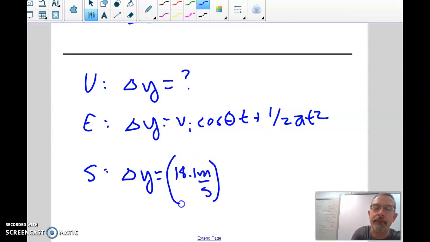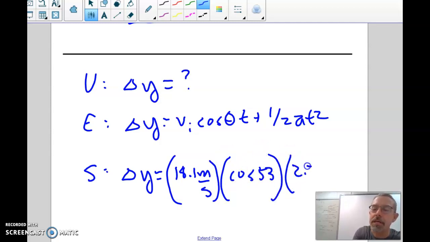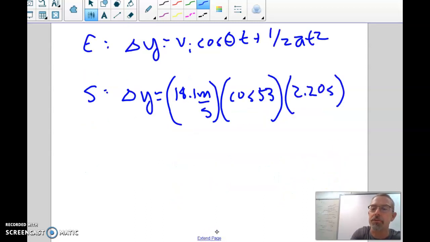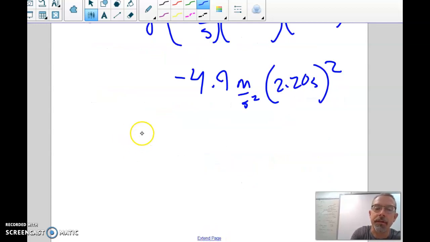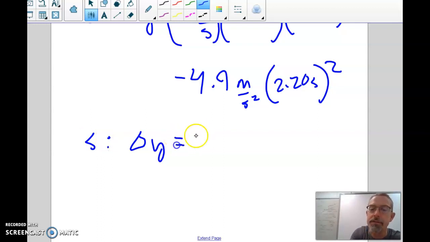It's sine of 53 degrees times that 2.20 seconds, minus 4.9 meters per second squared times t squared, which is 2.20 seconds squared. There's a lot of things we could solve with this problem now. When it's all said and done, my delta y is going to end up being 8.1 meters.